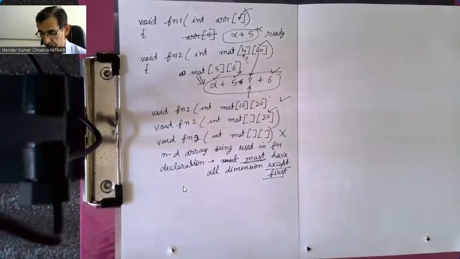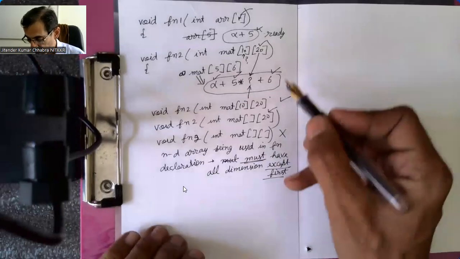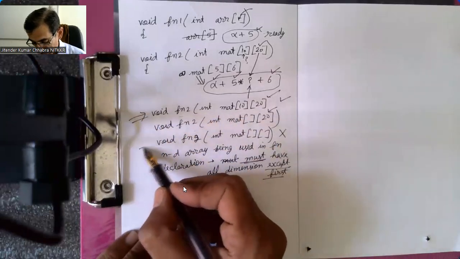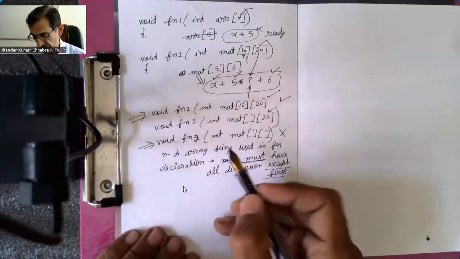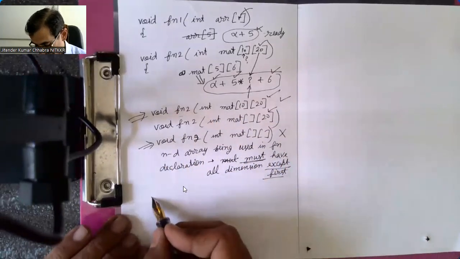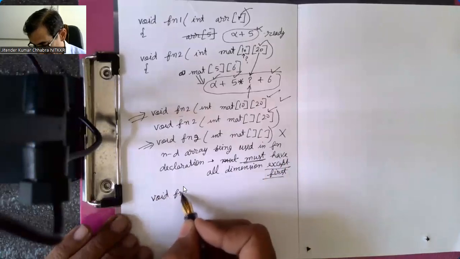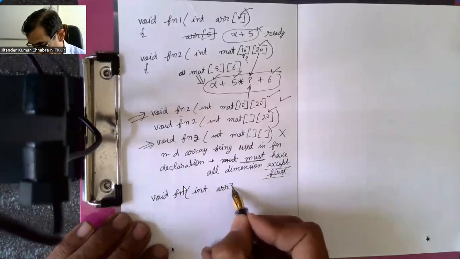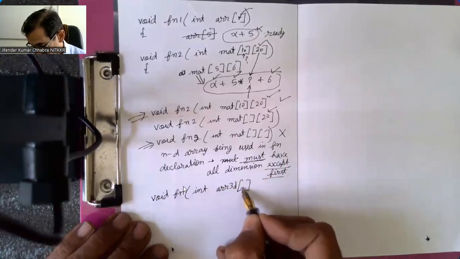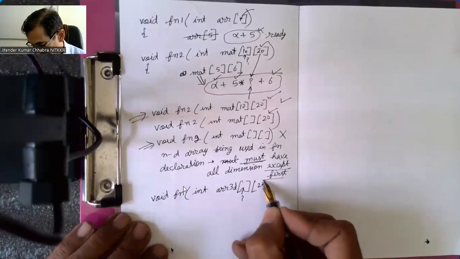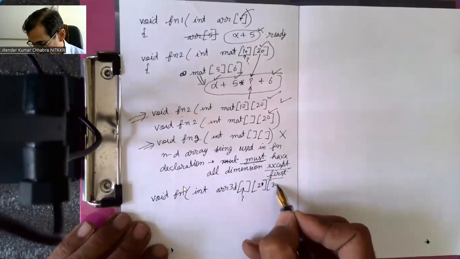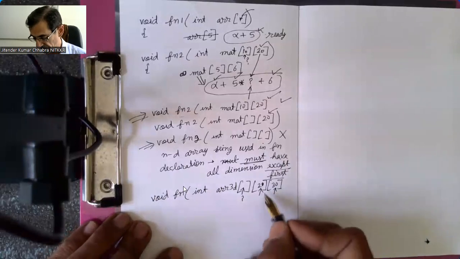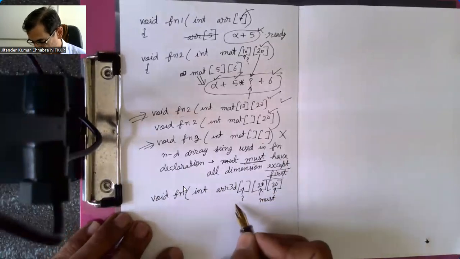Hence it becomes important. That's why I always said to always use this, and you will never have a problem. But sometimes by mistake, if you start using this, then it is problematic. So if you had some function 3 which was passed a 3D array, then the first dimension may or may not be supplied, but the second and third dimensions must be mentioned while declaring. These are a must, and this is optional.